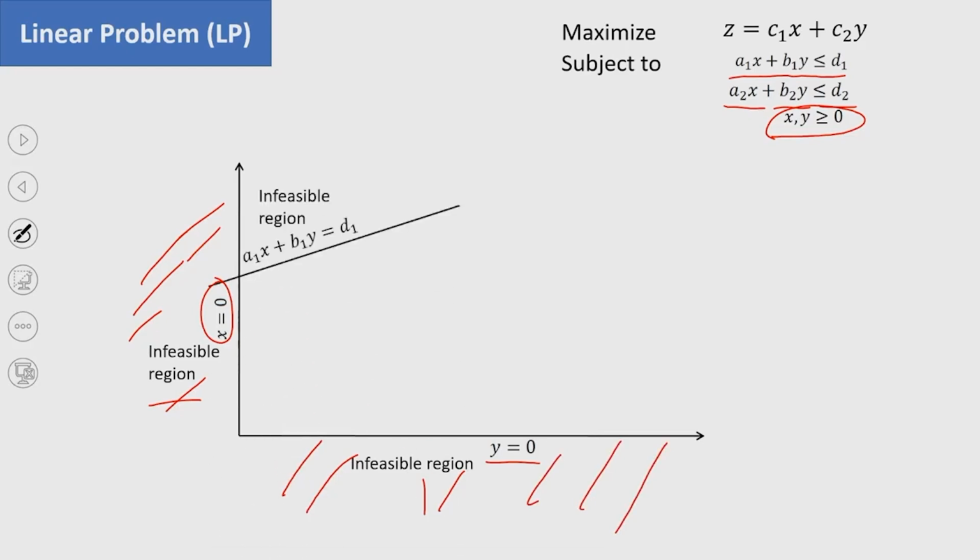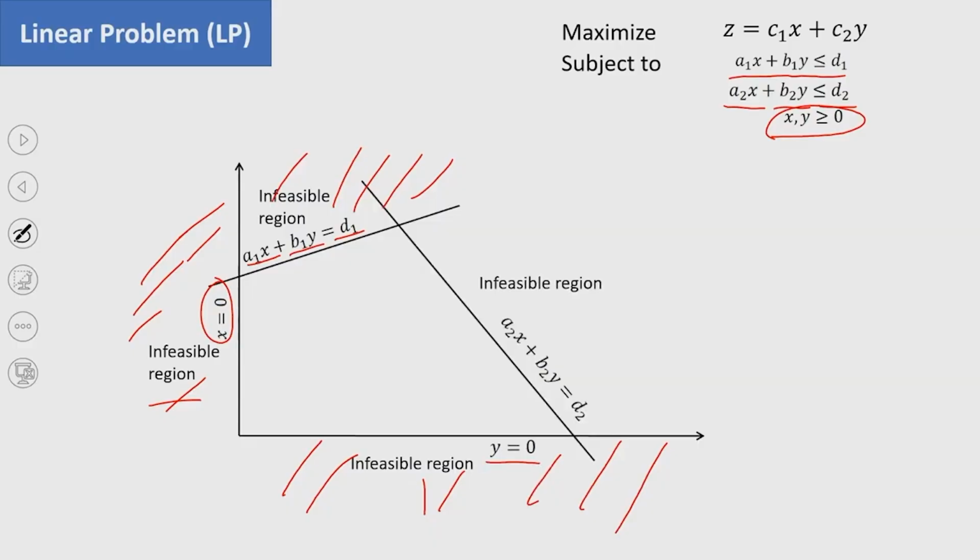Now, if I plot the constraints, the first constraint is a1x plus b1y equal to d1. This is a less than or equal type constraint, so this region is the infeasible region. Then the second one is a2x plus b2y equal to d2, and this is also a less than or equal type.